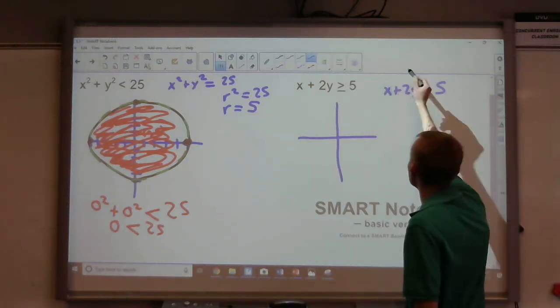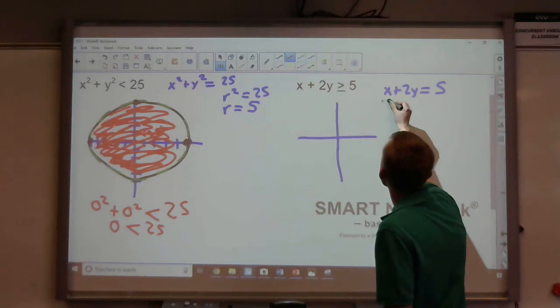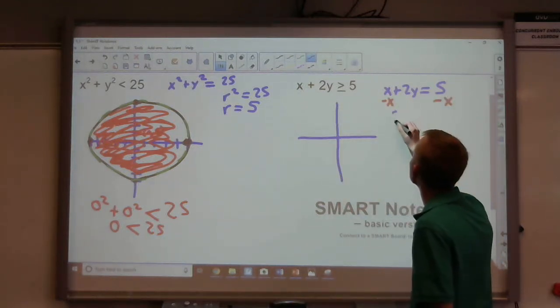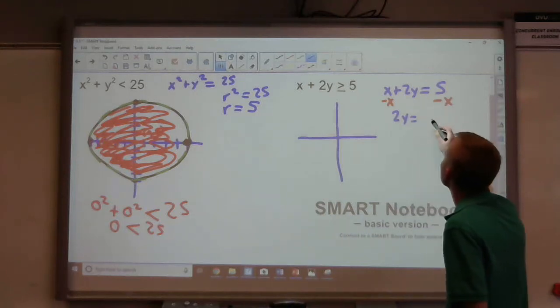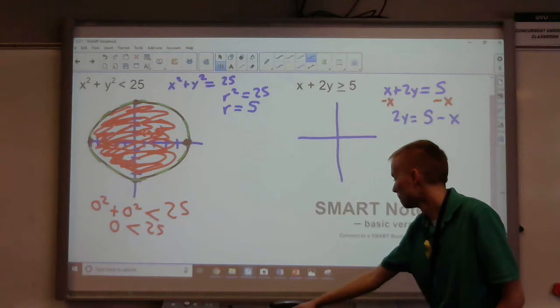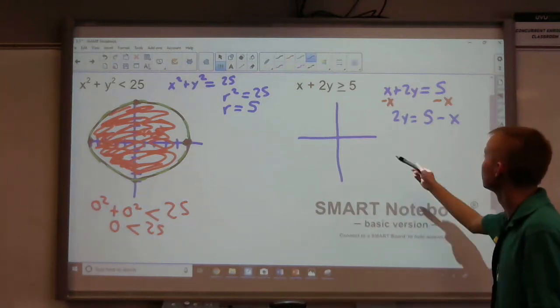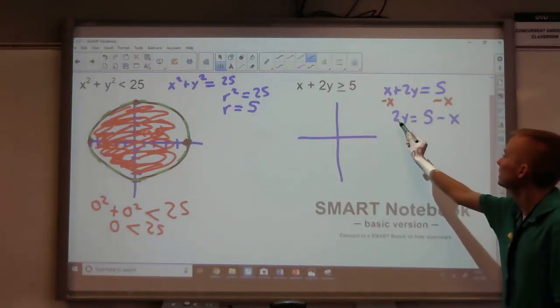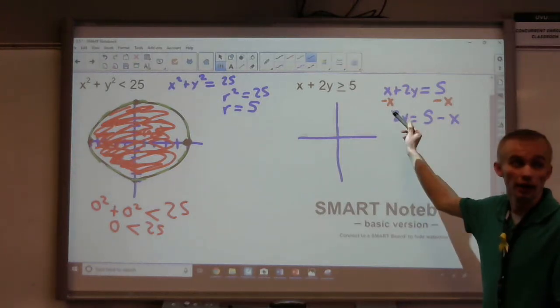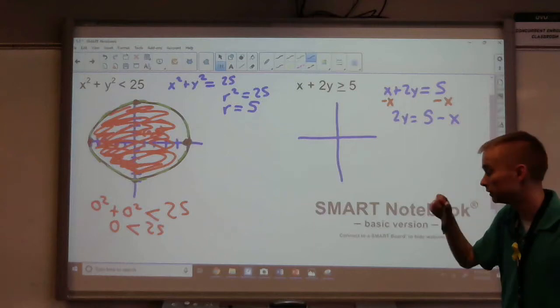So I'm going to subtract x on both sides. I get 2y is equal to 5 minus x. And then to get y alone, I need to get rid of this 2. So I multiply by 1/2, or divide by 2 if you prefer.